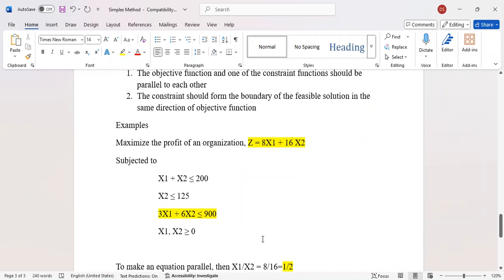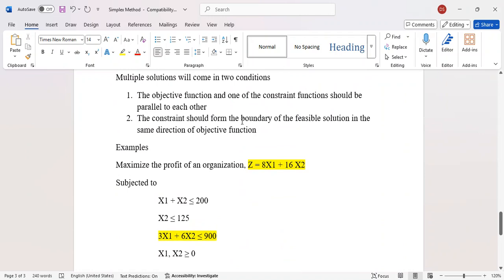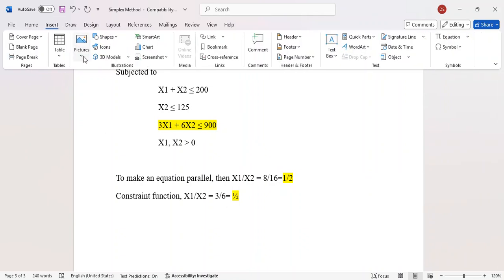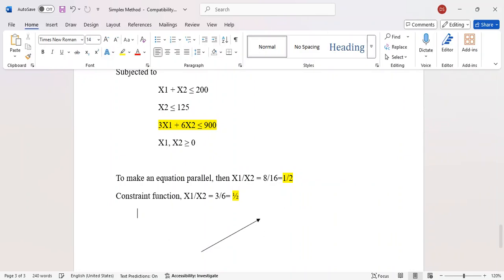Second part, you need to identify whether the boundary of the constraint function is in the same direction as the objective function. In this particular case, just mark it, when you draw the boundary, suppose this is the line diagram of the objective function. Objective function means it is a maximization question.